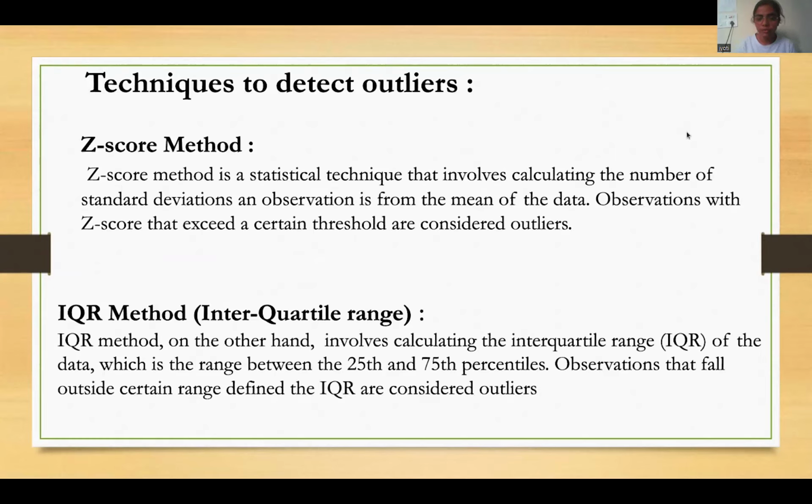We specify a value, and any value which exceeds this specified value is considered an outlier. The second one is the IQR method, interquartile range. In this method, we specify a range, and any value which exceeds this range is considered an outlier.